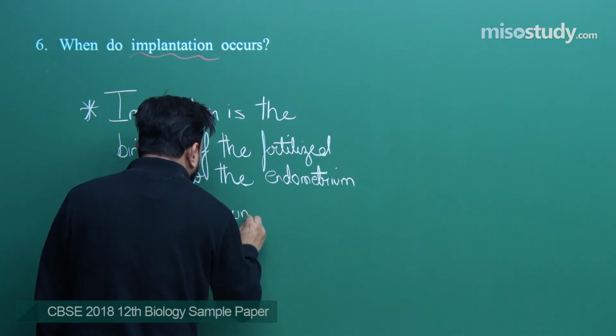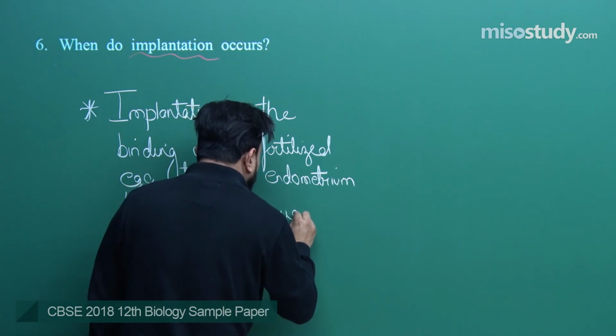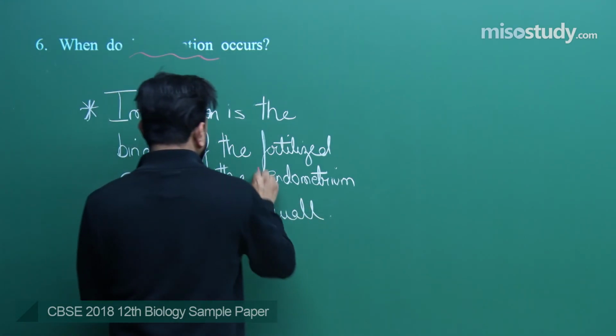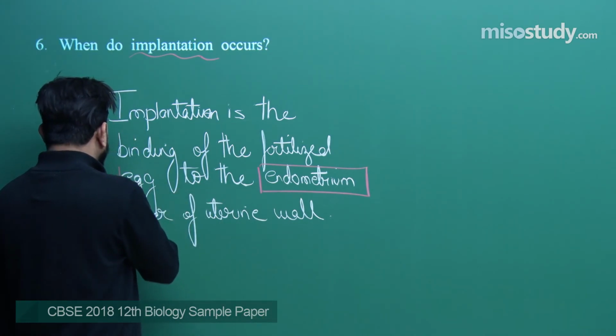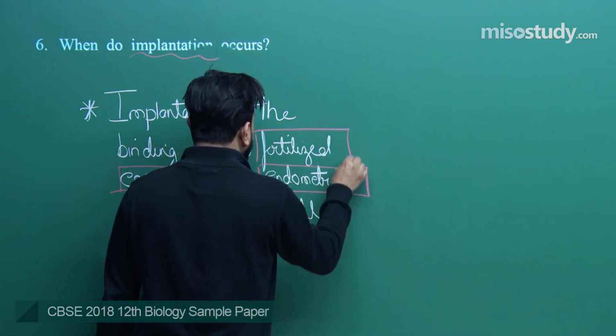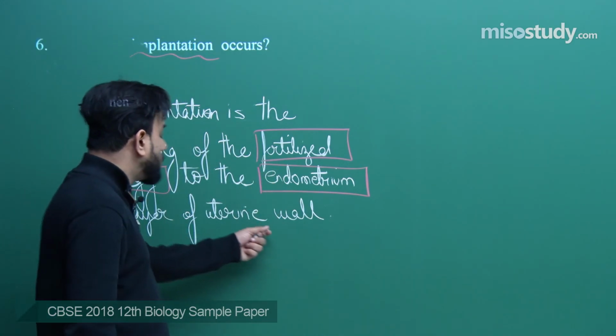Implantation is the binding of the fertilized egg to the endometrium layer of the uterine wall.